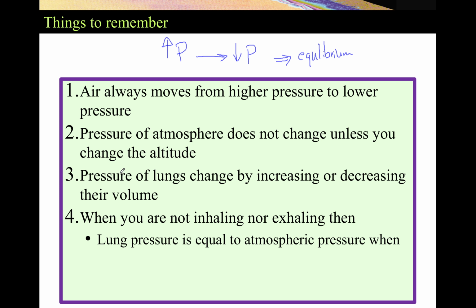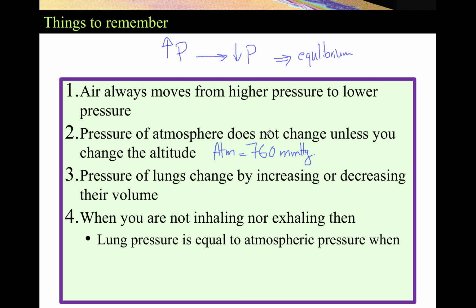The other concept that you need to know is this. The atmospheric pressure, the pressure found in your environment, is consistent. We shorthand that to ATM. If you are staying in the same environment, that pressure is typically described as 760 millimeters of mercury. Atmospheric pressure does not change just because people are breathing air in and out, so breathing has absolutely no effect on the pressure of your environment.